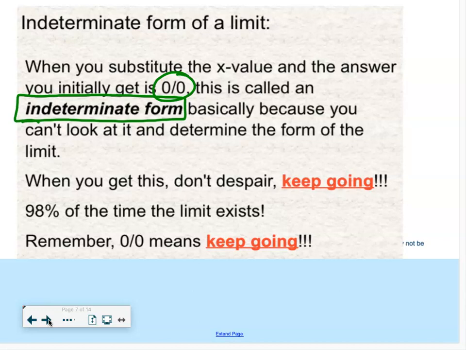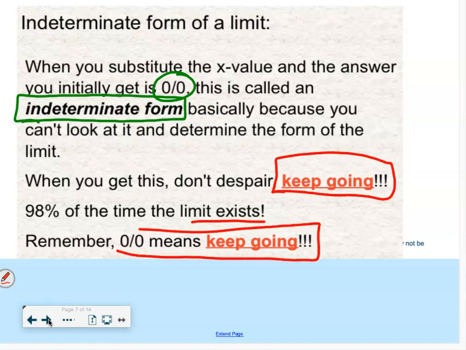The limit is not determined yet, but that doesn't mean it can't be. It just means in that particular form, it's not determined. Whenever you have 0 over 0, that means there's a hole there, which means the limit exists. Keep going.